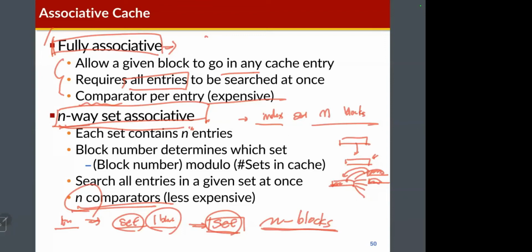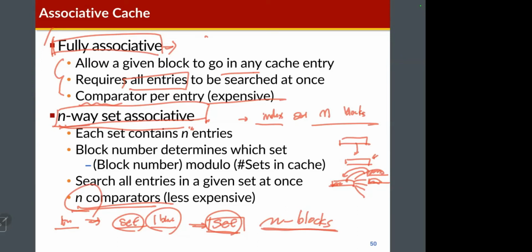A comparator is the hardware resource for comparing the tag address stored in the cache. So it's more expensive, which means that the n-way set associative cache requires more hardware resources, and its cost is higher than the direct mapped cache.